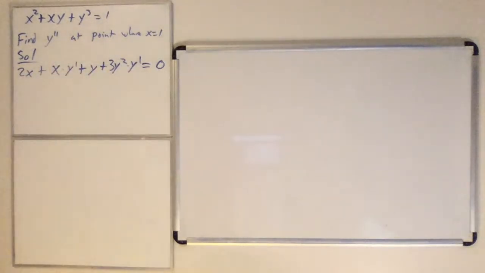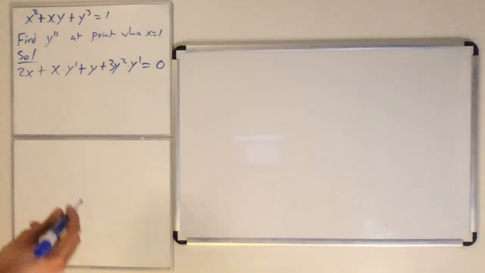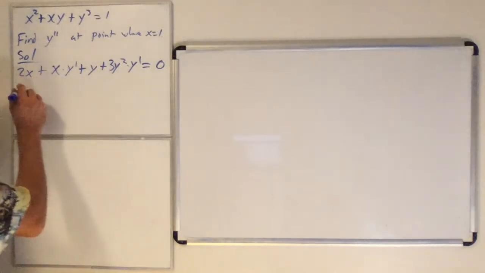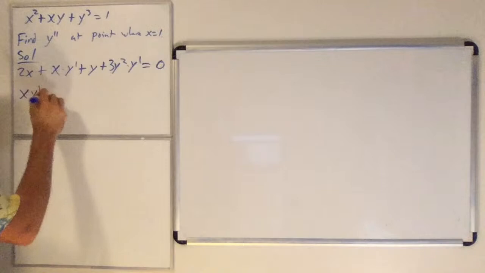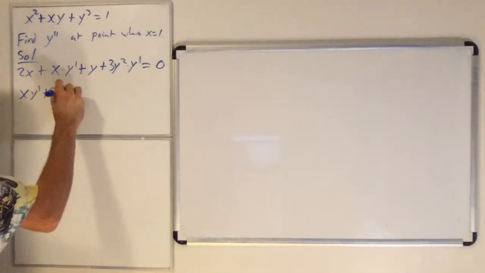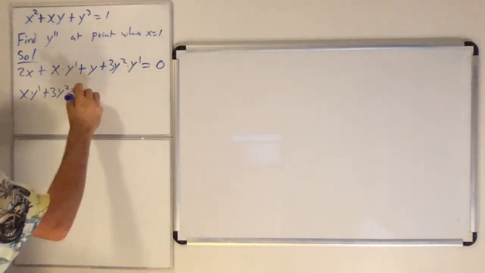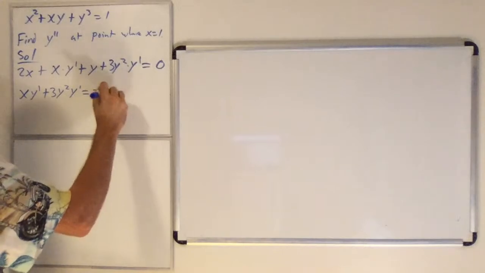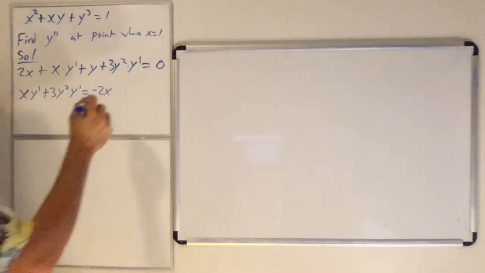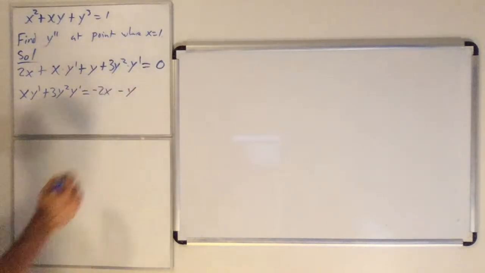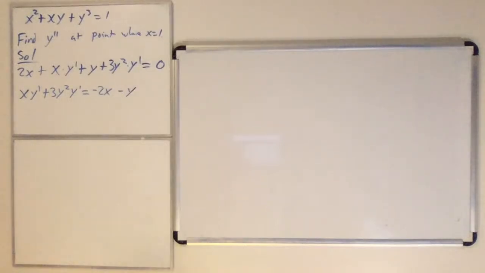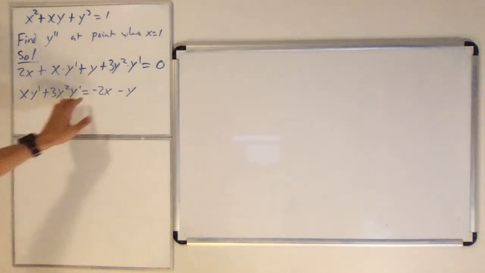Everything else we could bring to the right-hand side. Well, Nicole, you're kind of right. We want to keep all the y primes on one side and everything else onto the other side.